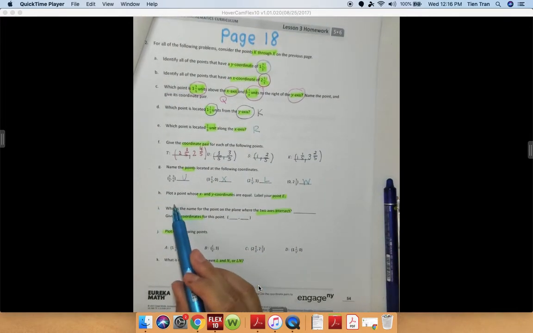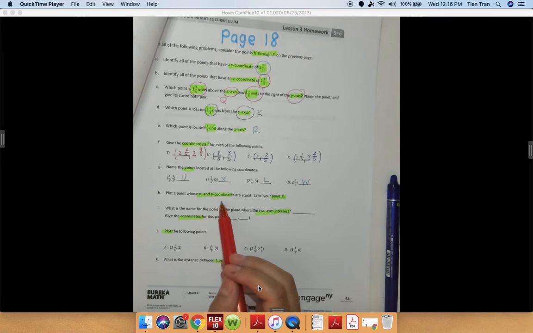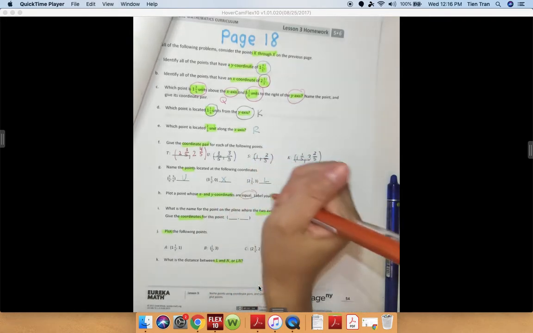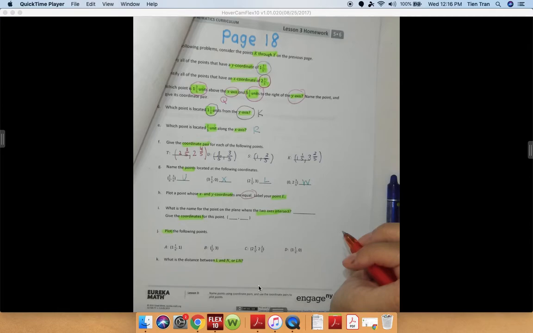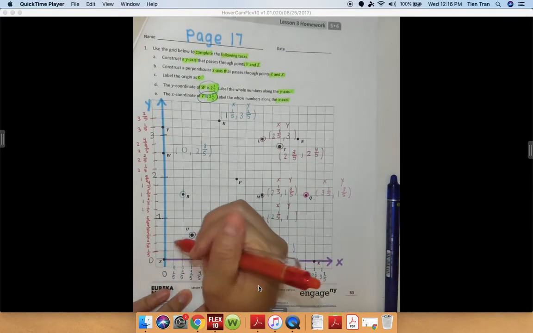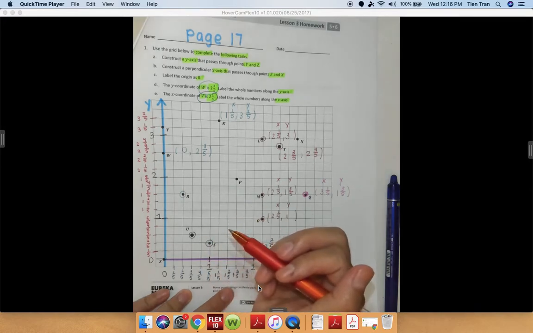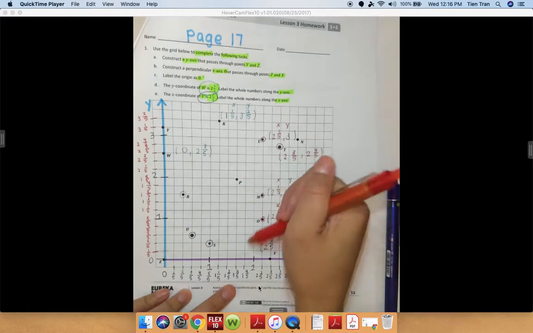Now, next for problem H, it asks you to plot a point whose x and y coordinates are equal. Label your points E. Okay, so I'm looking for something that is equal to each other. And we're going to look. So this one is equal to each other. 3 and 3/5 is also equal to each other. But there could be other ones too. Let's see.